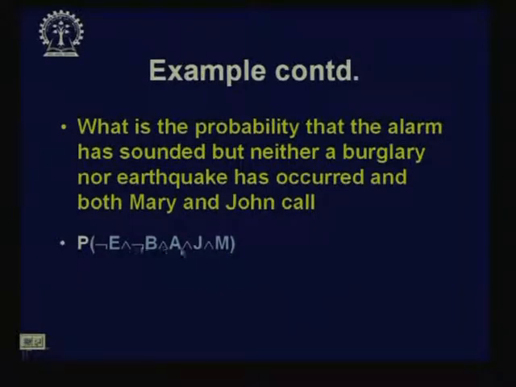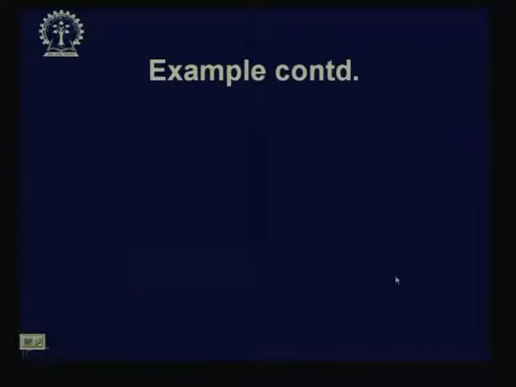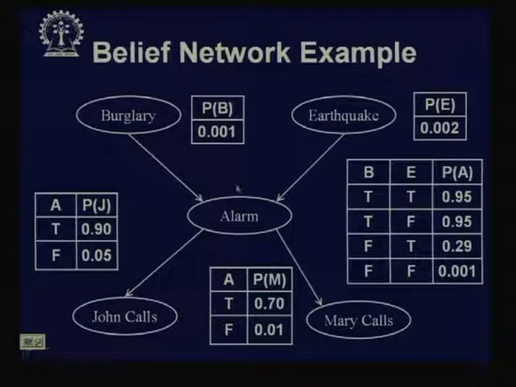This is the probability that I will have to compute, and that is equal to the probability of John calling on alarm multiplied by the probability of Mary calling on alarm, the probability of alarm ringing when there was no earthquake and no burglary, and the a priori probability that there is no earthquake, and the a priori probability that there is no burglary. In this polytree graph, we have all these values.